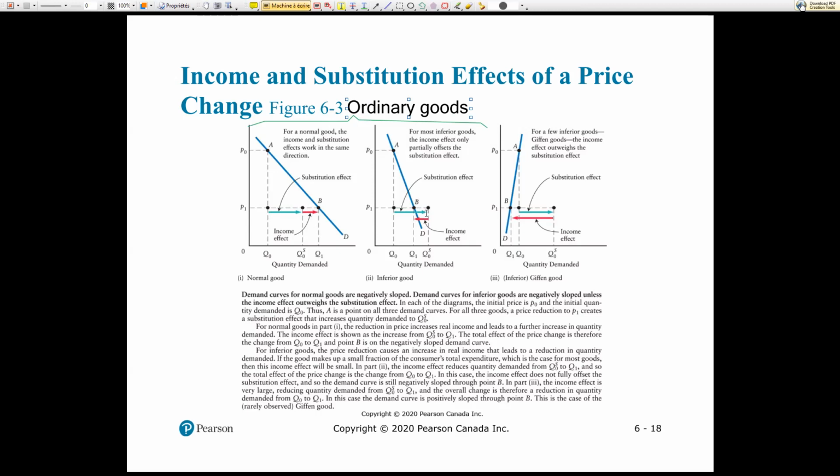But you see that the substitution effect compensates for the income effect. So the resulting demand curve is much steeper, which essentially results in a less elastic demand curve. And then for very extreme cases in which the good takes a big part of people's consumption and is very inferior, well, then you can observe an income effect that's actually larger than the substitution effect.